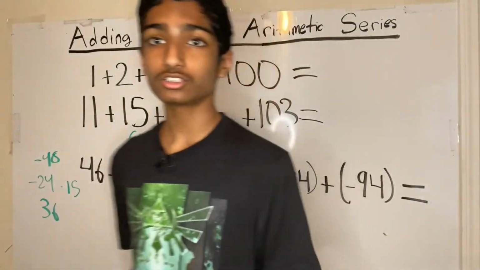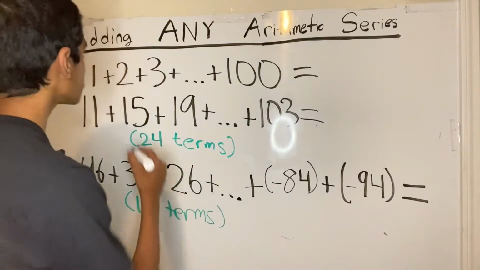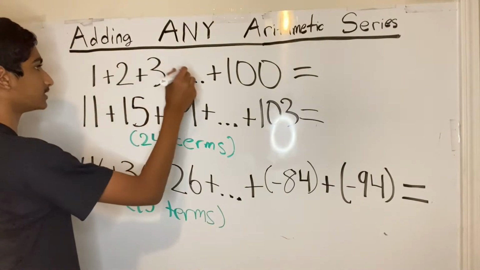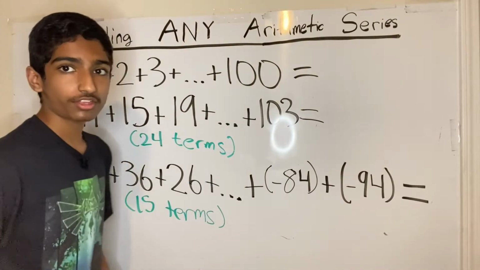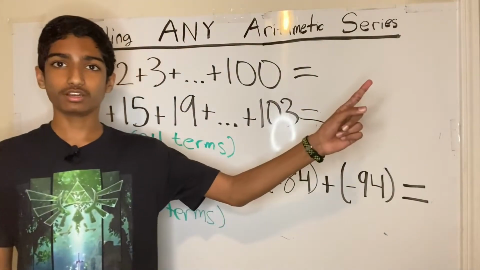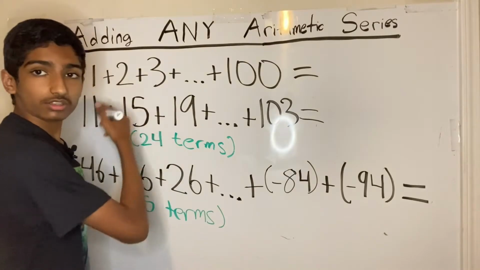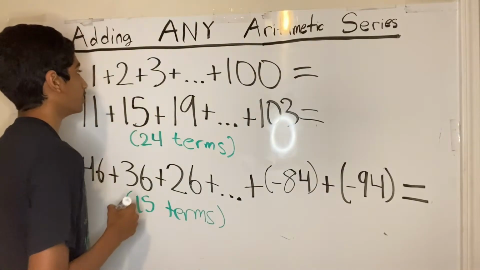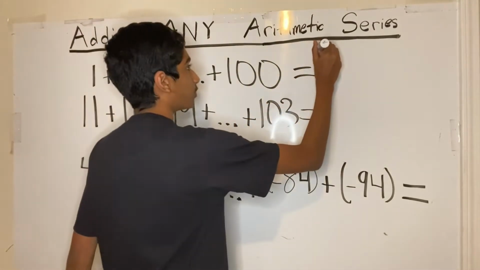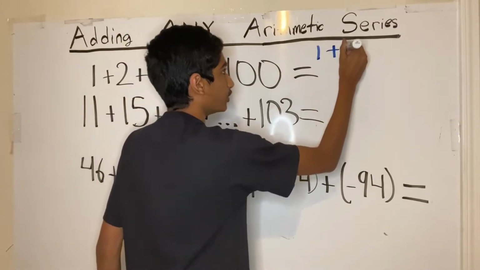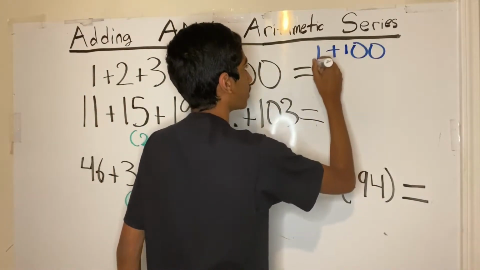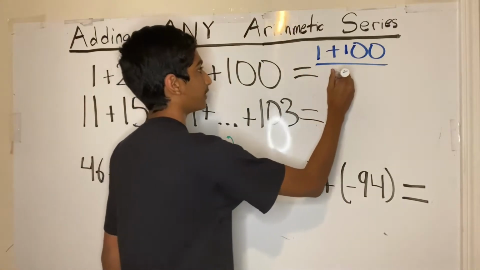Okay, let's get into how to solve these problems. In this first example, we have 1 plus 2 plus 3 plus ... plus 100. The trick for this is covered in my video right up here, or in the description box below. But we can use this new trick that we learned to solve this as well. The first term is 1, the last term is 100, so we do the first term plus the last term, all divided by 2.